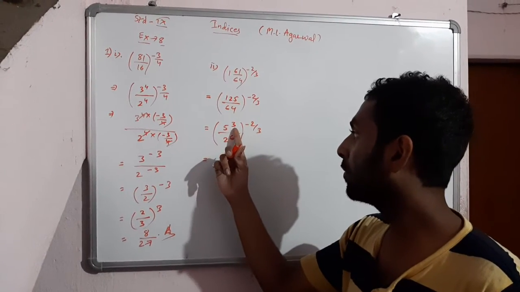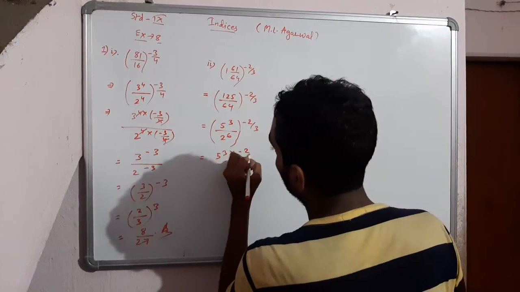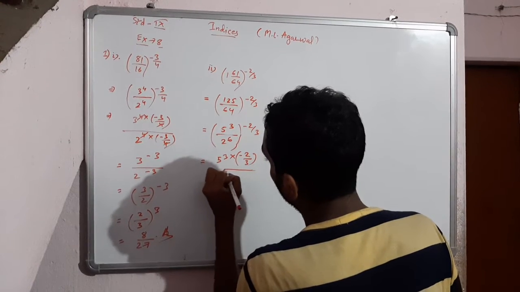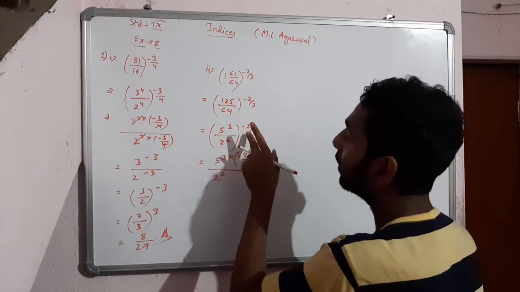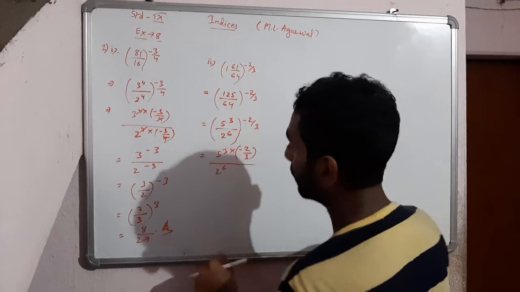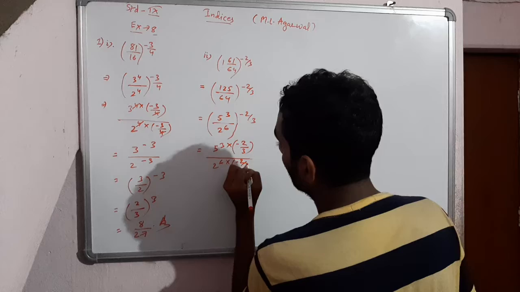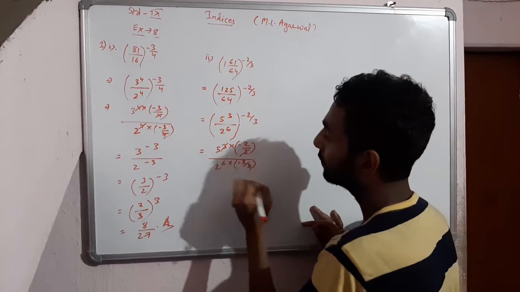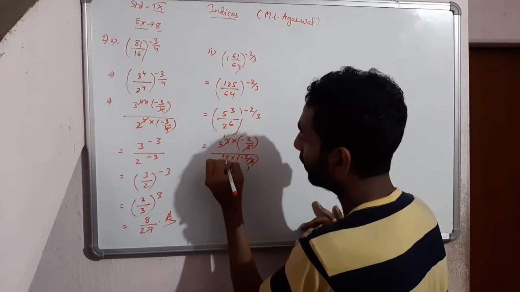See, this is the power, and above that another power is there, so we will multiply the powers. Minus 2/3 times 3 for 5 cube, and minus 2/3 times 6 for 2 to the power 6. 3 ones are 3, the 3s get cancelled out, and 3 twos are 6.